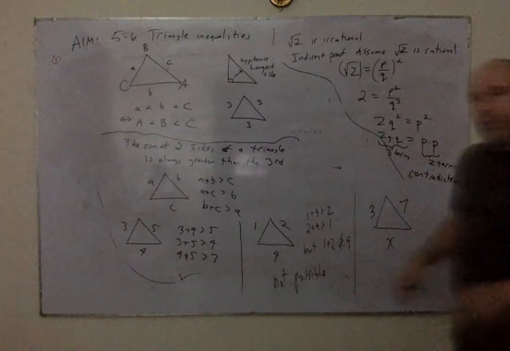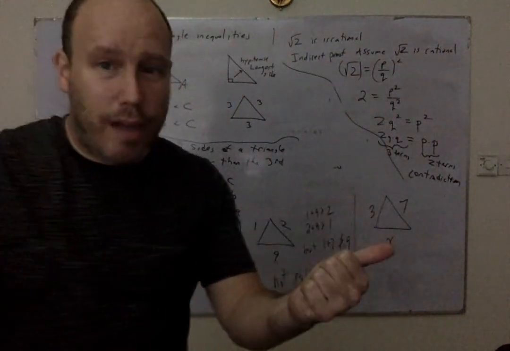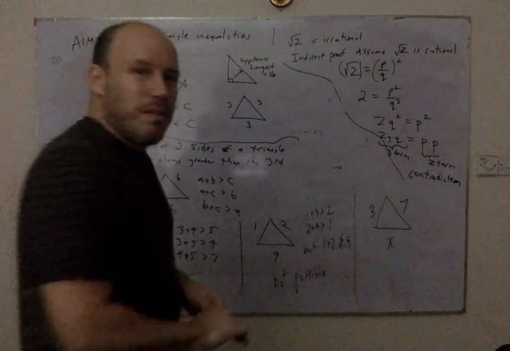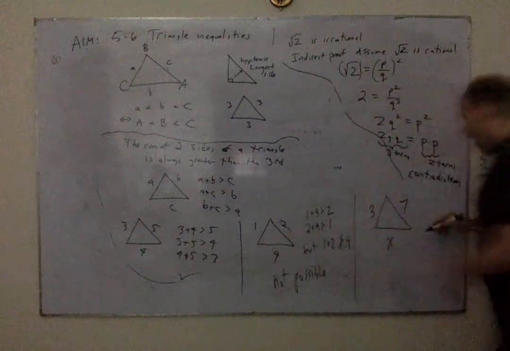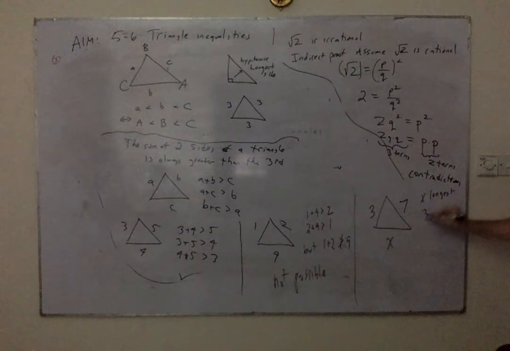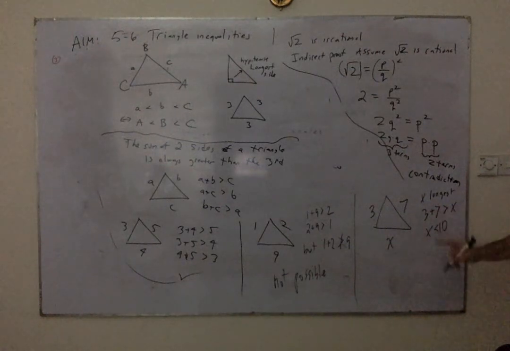Okay, so you've thought about it. Well, there's two cases. Either x is the longest side, or it's not the longest side. So let's see. If x is the longest side, then 3 plus 7 has to be greater than x, or x is less than 10, right? Well, what's another condition?